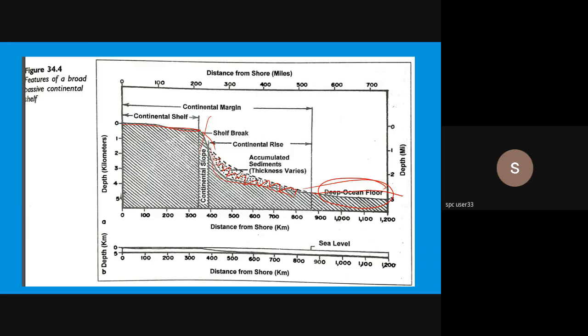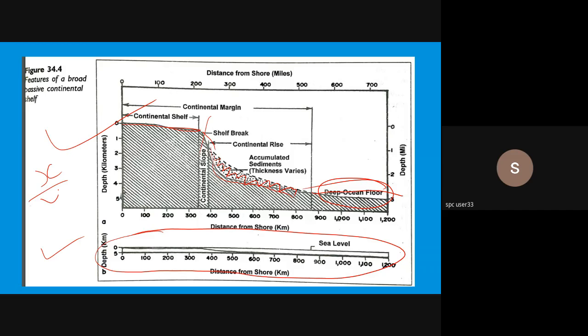And very deep, let's say 4 kilometers and beyond, you're going to have what is called the deep oceanic floor. Now, though this is seen here, you'll see that this is very exaggerated. Actually, it would look something like this. You can hardly see the changes happening, but that is the scale at which all of this is actually happening, when you are matching the x versus the y angle.